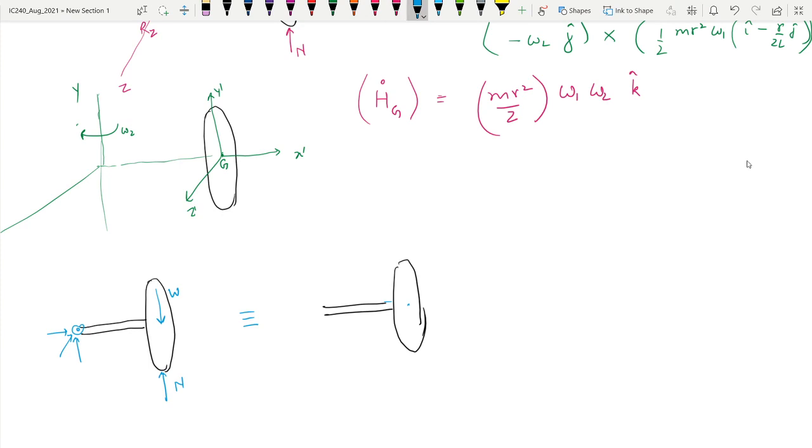So if I see the acceleration, there is only one acceleration which is towards the center. So this is rotating with omega 2 about the y-axis. So it has an ma vector which is directed towards the center, and then it has a rate of change of angular momentum, and this is in the k cap direction. So this is the k cap direction and Hg dot.